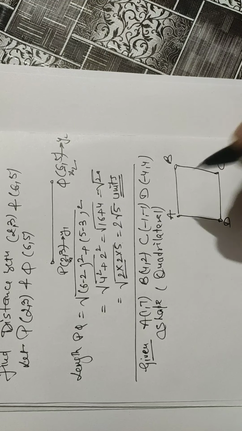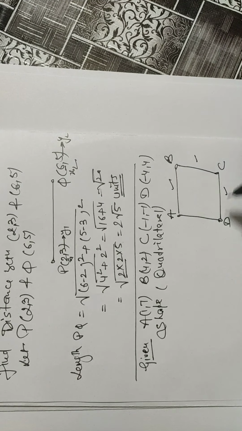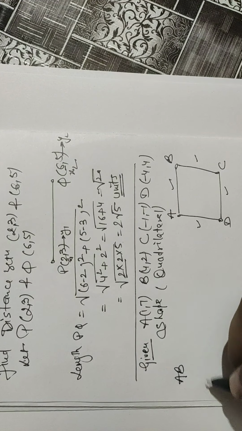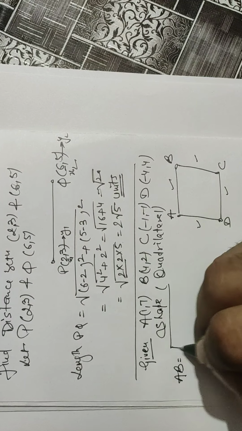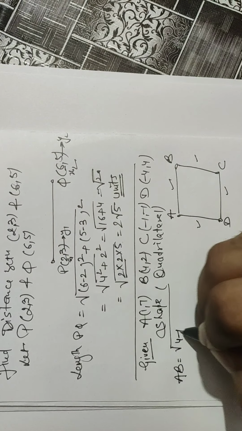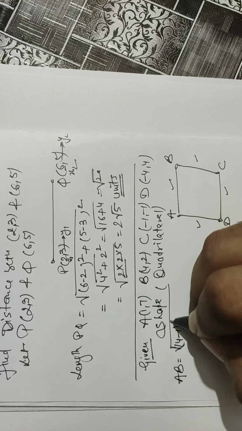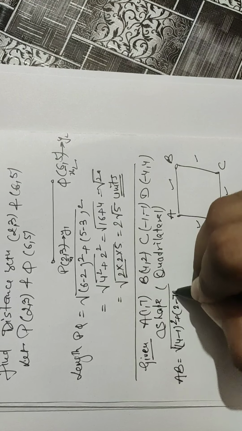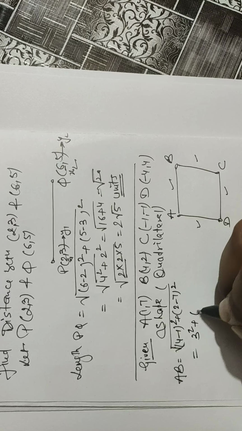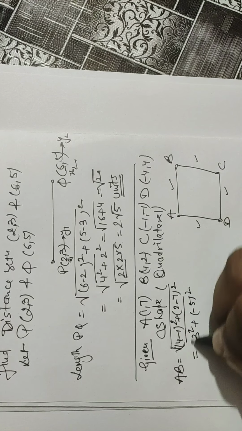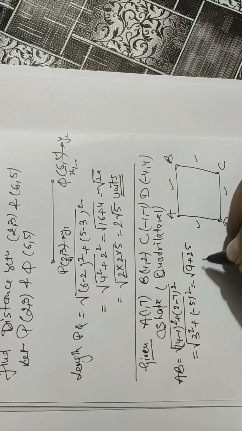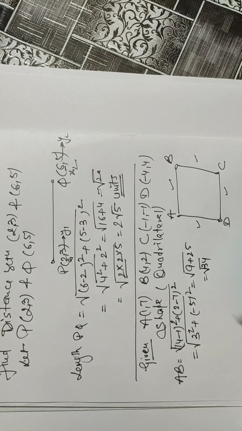First of all, we are going to calculate all the lengths using the distance formula. First AB: difference of A and B, 4 minus 1 square plus 2 minus 7 square. It becomes square of 3 and square of minus 5. If we simplify, we get 9 plus 25, so overall square root 34.